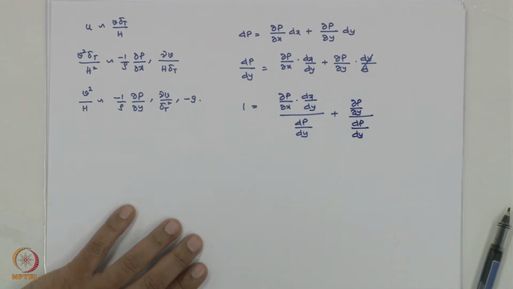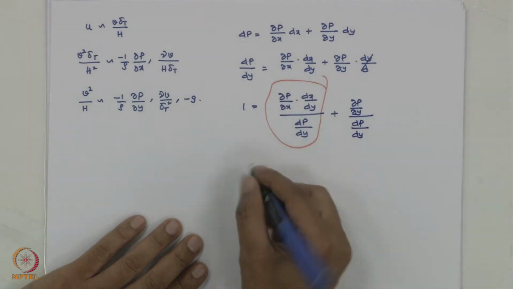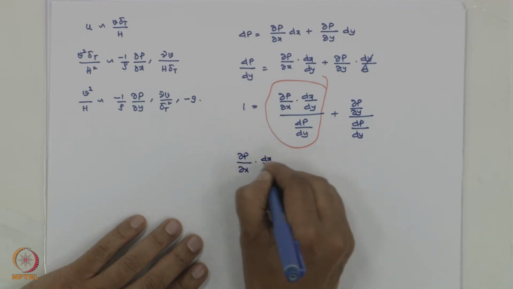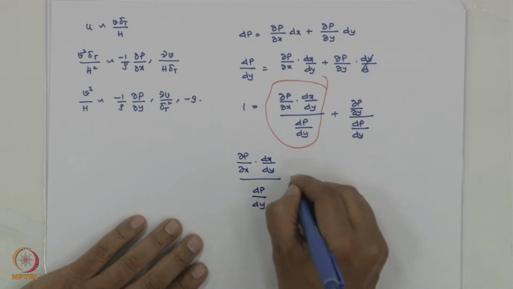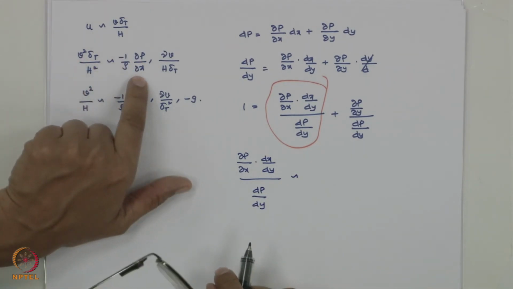Just take this term alone. So del p by del x into dx by dy upon dp by dy is of the order of, you see, del p by del x, what will be the order of this?